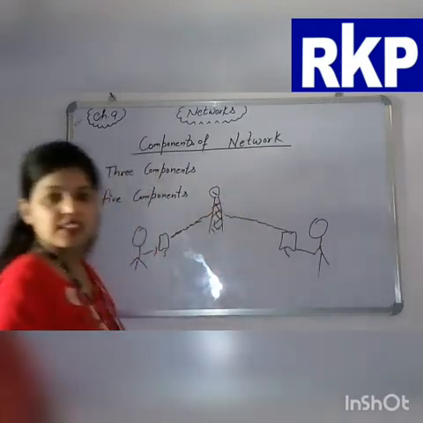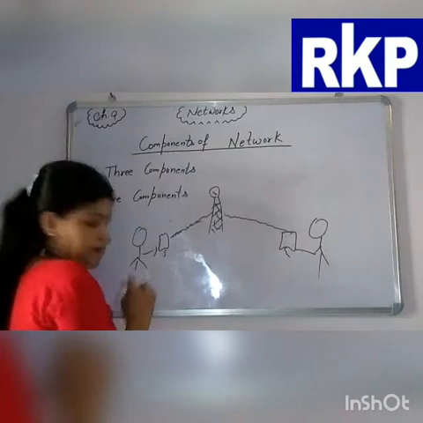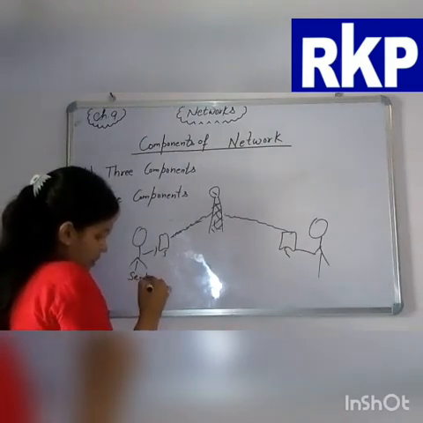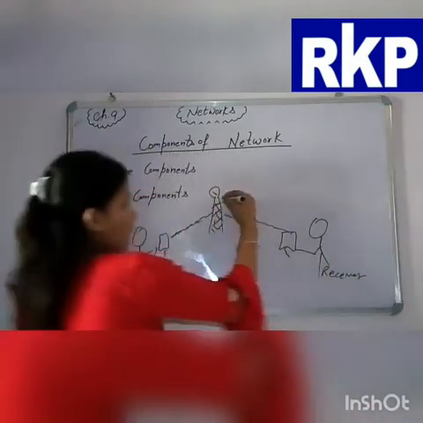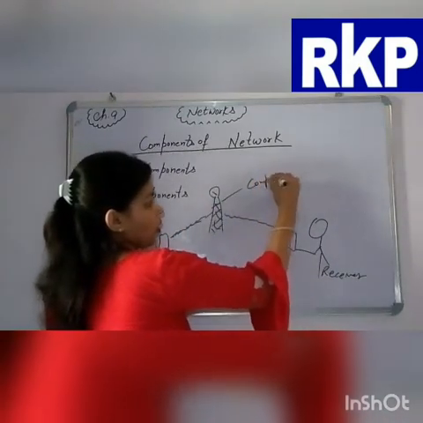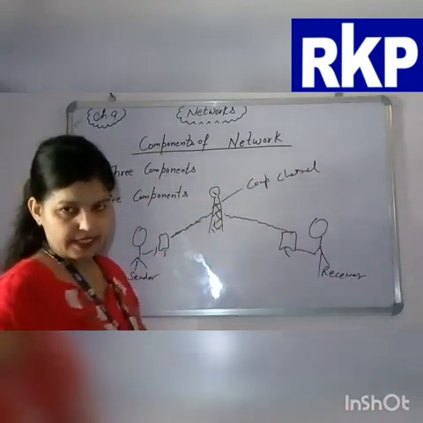This is a tower or pole you can say. Now see, you are the sender, your friend is the receiver, and this is the communication channel. It can be wired or wireless.